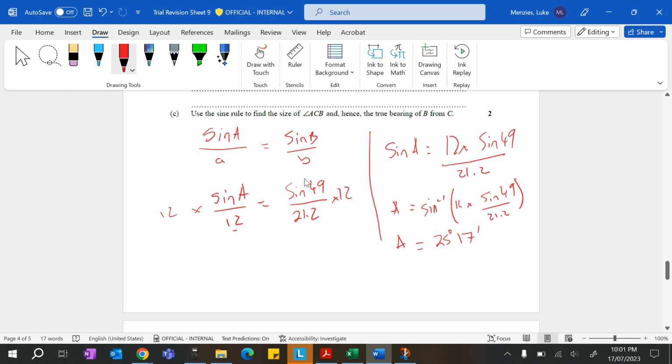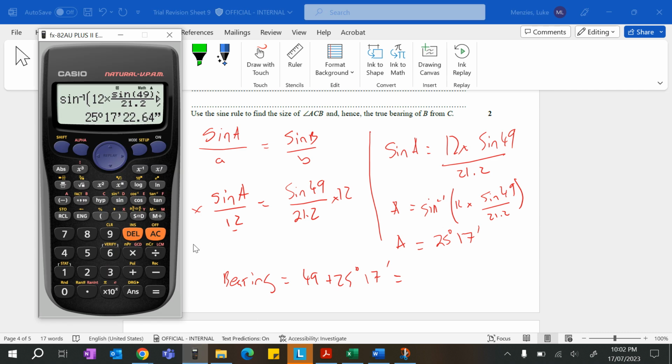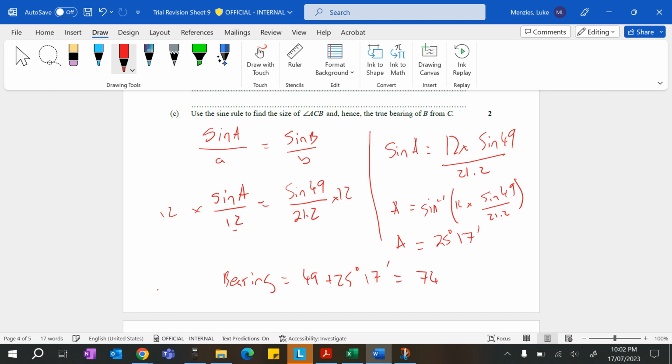So the bearing is going to equal 49 plus 25 degrees, 17 seconds. And I might round this to the nearest degree plus the 49. So that would be 74 degrees. And I might put 0 d.p.